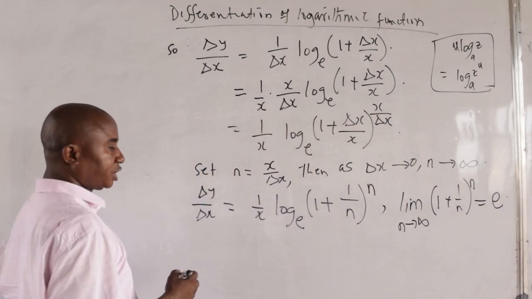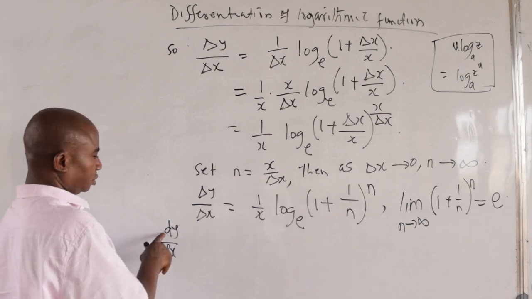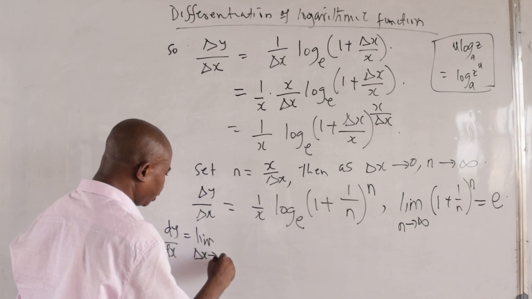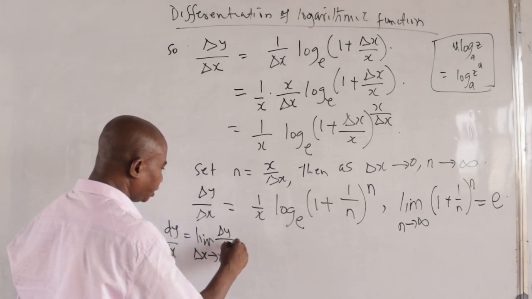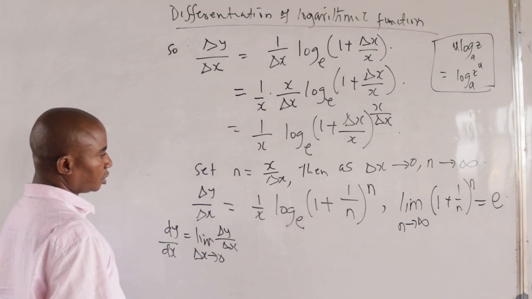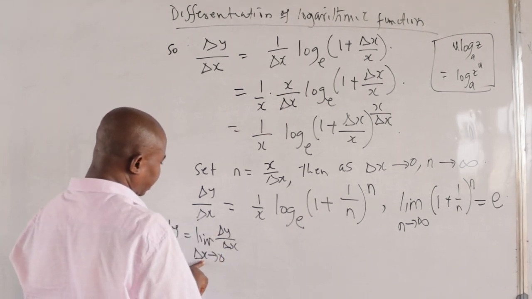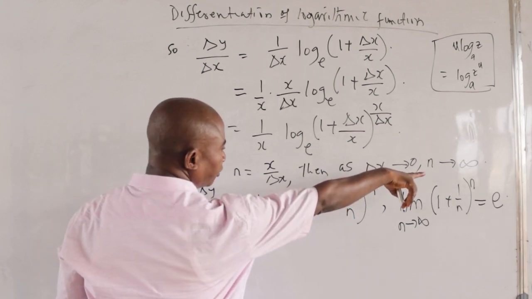Also remember that we said that dy by dx is nothing but the limit as change in x tends to 0 of change in y by change in x. But then as dx tends to 0, it means n tends to infinity as we have said there.